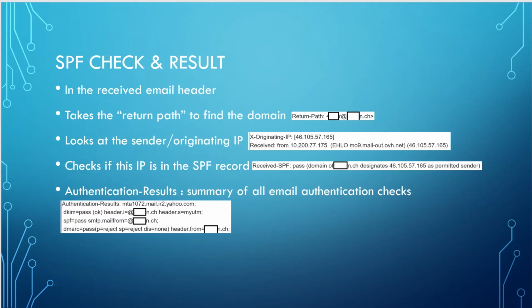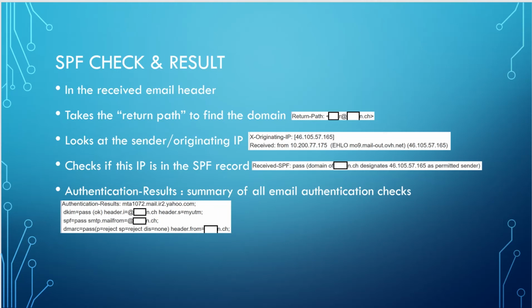Now for the SPF check and result. The receiver is going to check the email header. It's going to take the return path and extract the domain. And it's going to look at the sender or the originating IP. For example, here you have the X-Originating-IP or the Received from. And if the IP is in the SPF record, you will have an SPF pass, which is the case here because the IP address is a permitted sender.